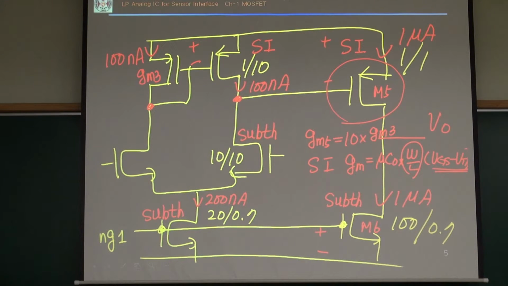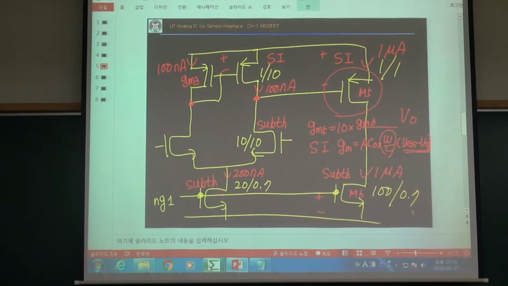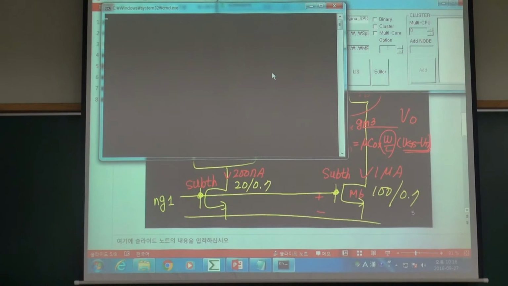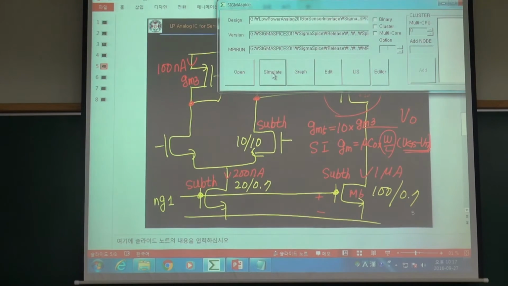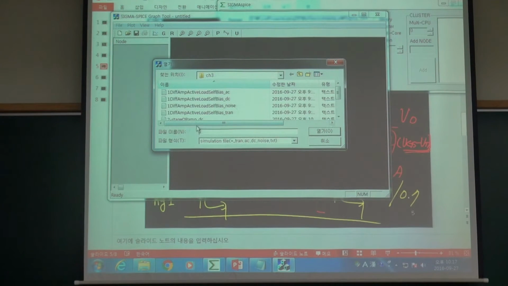Let's simulate this. Where is my two-stage thing?